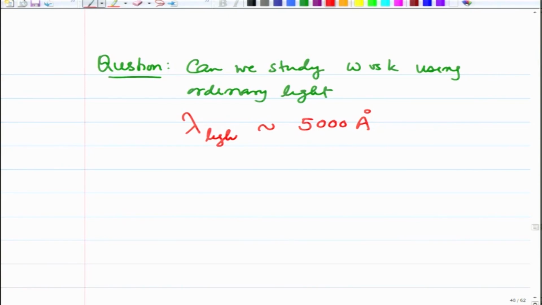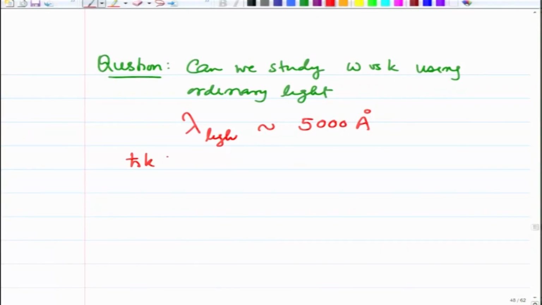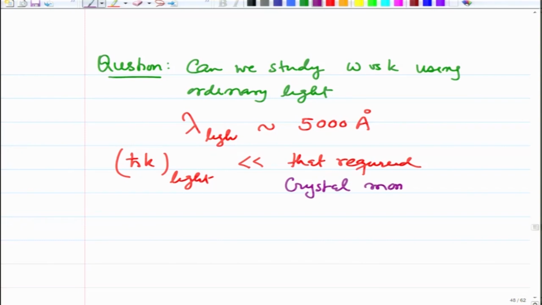The corresponding momentum for this light would be very small. So, the momentum ħk of light will be much smaller than that required, or equivalently the crystal momentum of the phonon. So, I cannot really use light to excite the phonon, which has a momentum corresponding to lambda equals 1 angstrom. So, ordinary light is out.